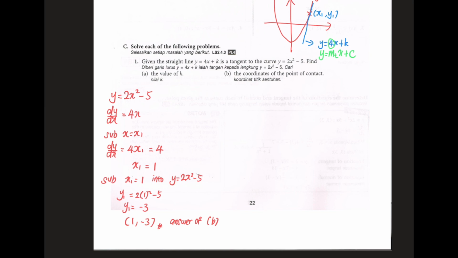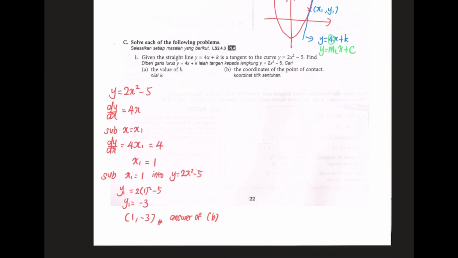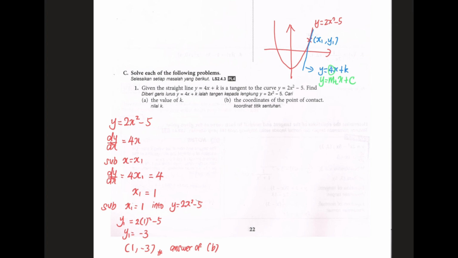Okay, then let's say now I want to find k. So how am I going to find k? Since I have the point 1, minus 3, and 1, minus 3 lies on the tangent as well, I can substitute 1 here, minus 3 here, then I can get k.